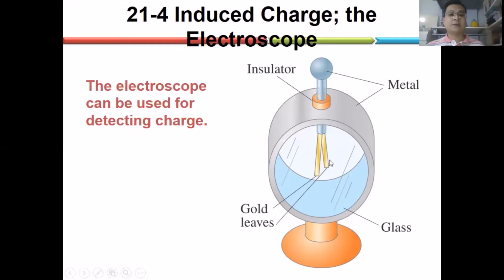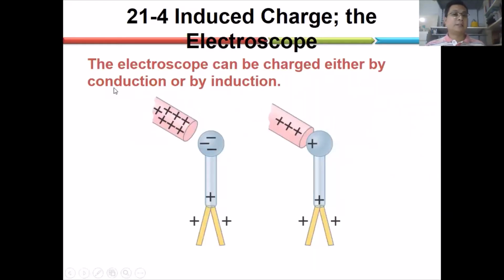Within the gold leaf, the electrical charge will be shown. The electroscope can be charged either by conduction or by induction. When we bring positive and negative close, the charge can be seen by the jumping of the leaf.